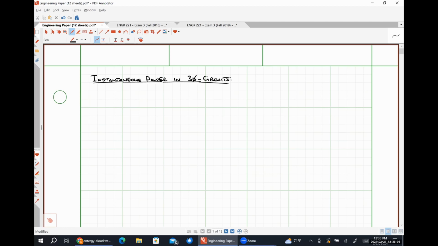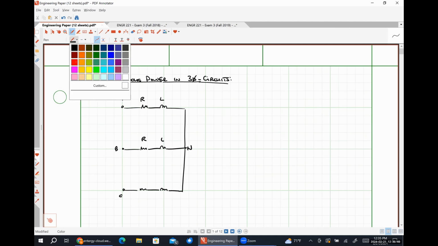So let's say, just for the sake of argument, that I have a Y connected load that has some characteristic impedance, resistance, and inductance, like so. Here's A, B, and C.